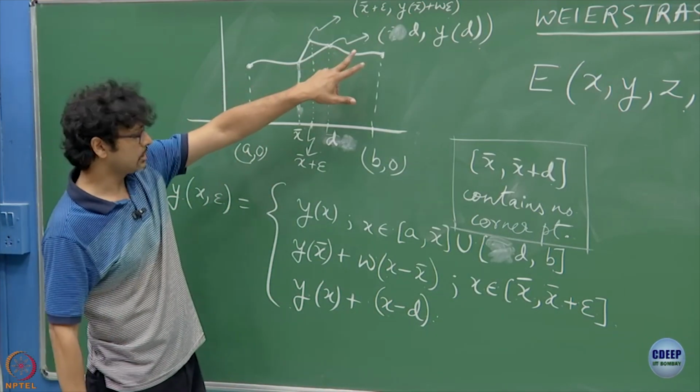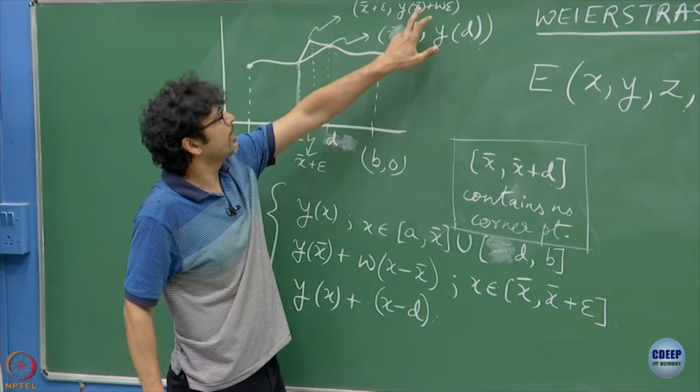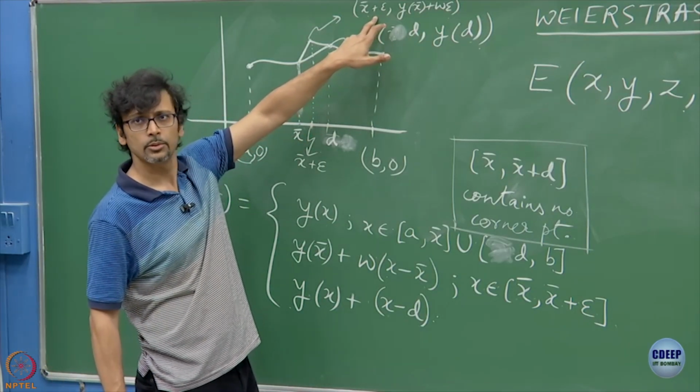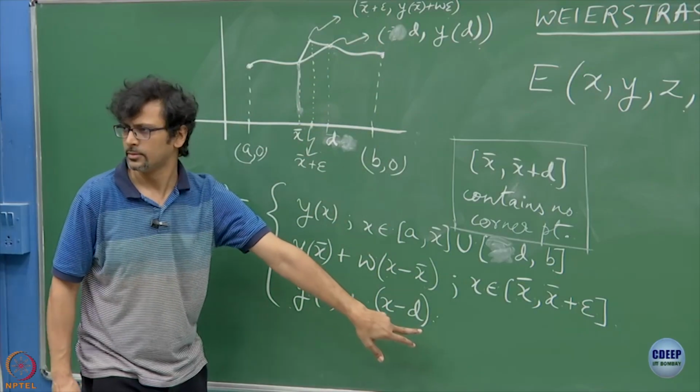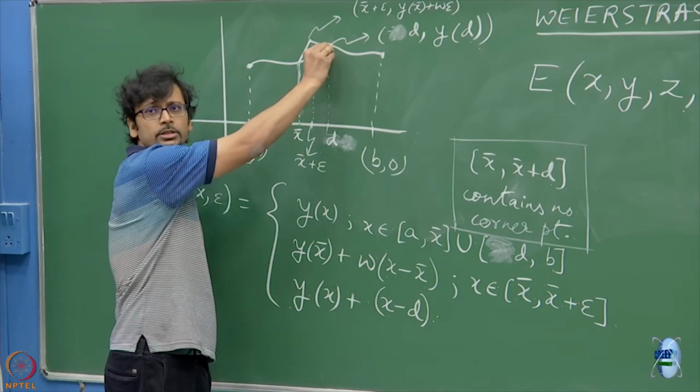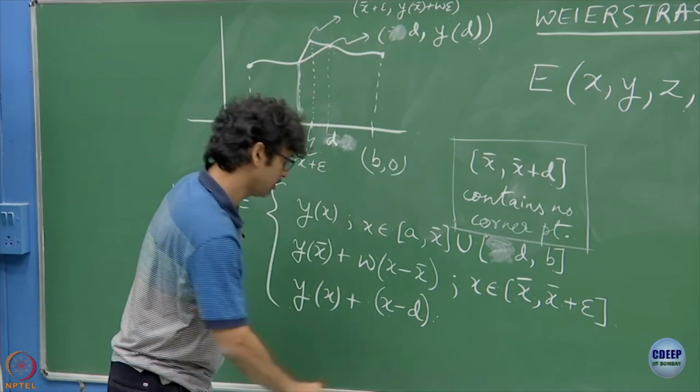Right? So what's the slope of this? This minus this divided by this minus this, right? That's the linear perturbation. I've already ensured that the perturbation vanishes at this point. So what's the slope?